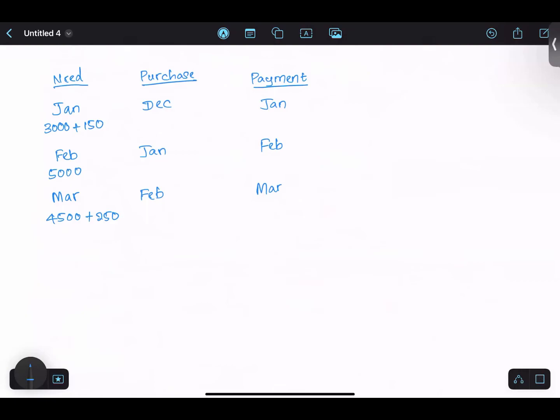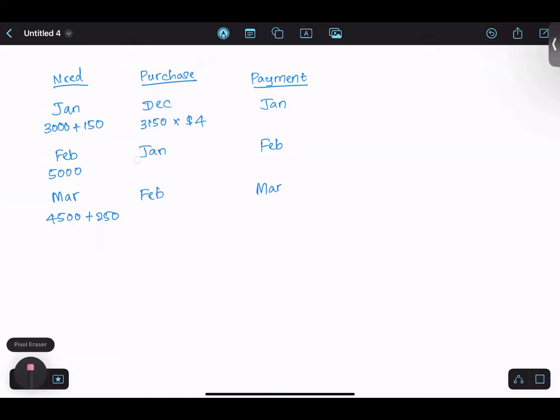But you will purchase these helmets a month earlier. So for December, 3,150 into $10, sorry, I made a mistake. Purchase price is $4.